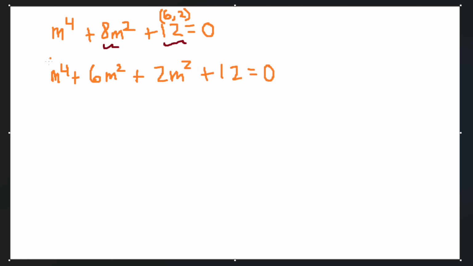So now we can group them. This would be your first group, m fourth plus 6m squared, and your second group would be 2m squared plus 12. For the first grouping, we have to see what is the biggest number or variable that we can take out of the parentheses. The biggest value we could take out is an m squared.